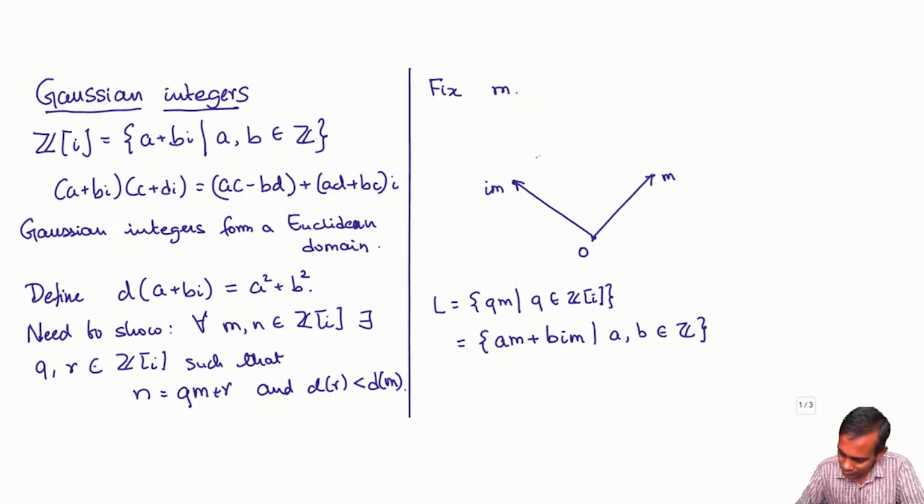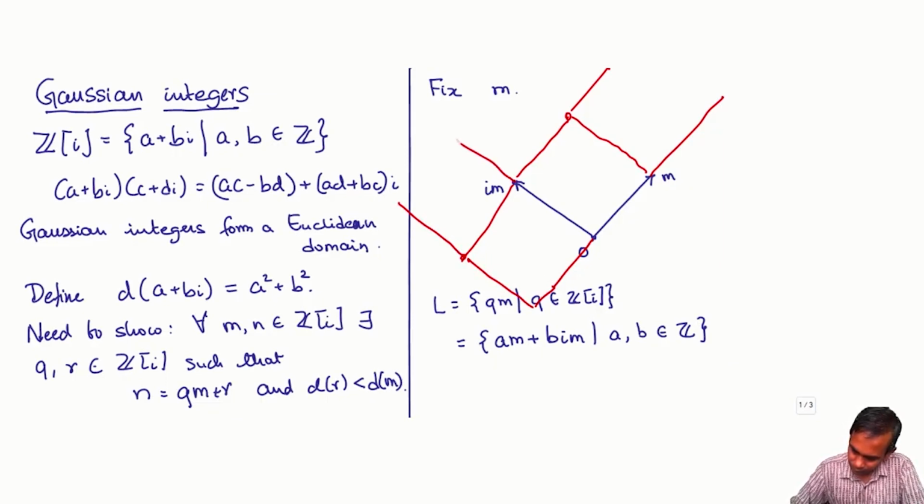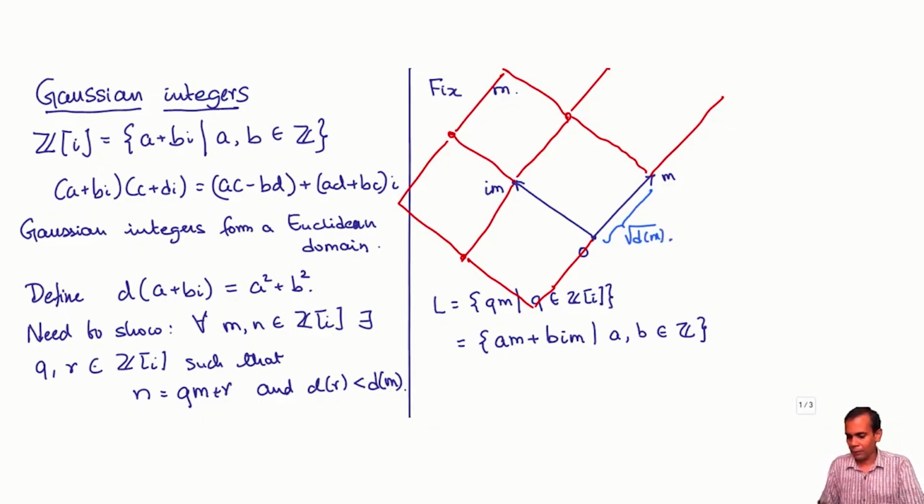Geometrically, this is a square lattice. It's going to consist of all vectors like this, which form a square grid, and the side of each square is just the square root of d of m.